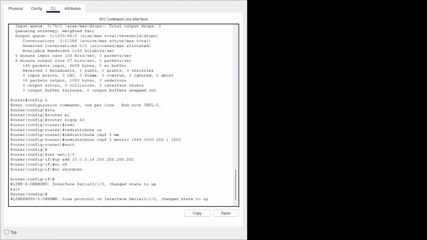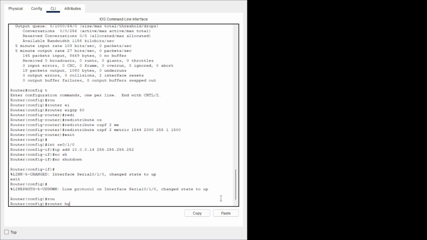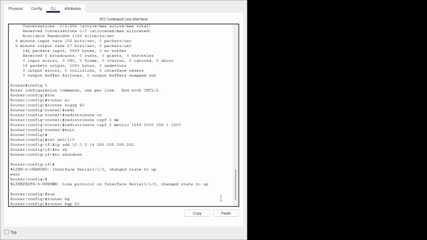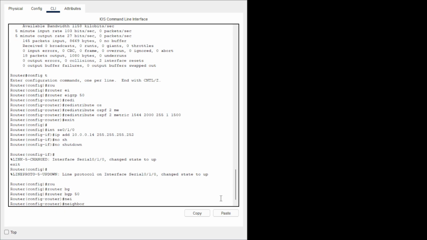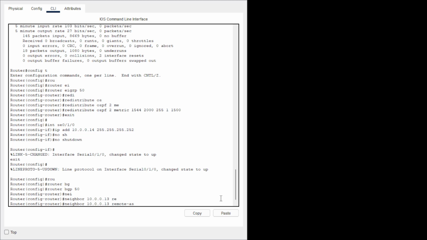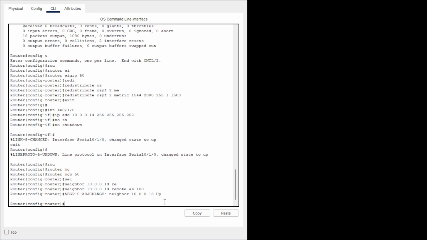So router number 4 screen is brought back, and router BGP ASN number 50 and its neighbor as 10.0.0.13 remote ASN of 100. Here also neighborship has been created.